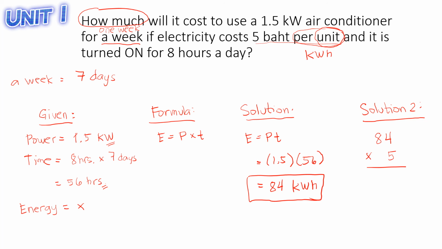So 84 times 5: 8 times 5 is 40, plus 20, that's 420 baht. So this is our final answer. How much will it cost? It will be 420 baht every week.